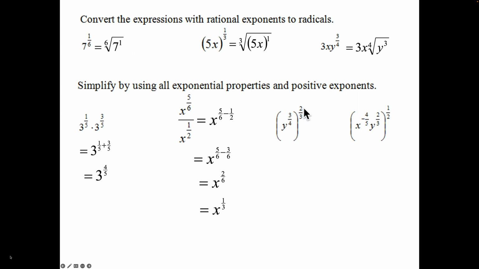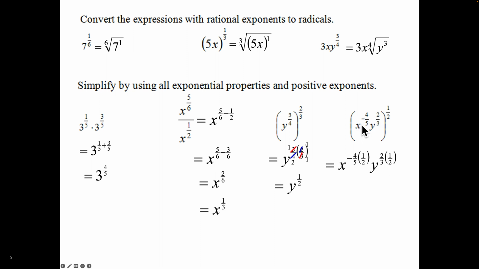y to the 3/4 to the 2/3 power, a power to a power. Multiply your exponents. Well, 3 goes in, can cancel. Excuse me, 2 can go into 4 twice. y to the 1/2. Here we have x to the negative 4/5, y to the 2/3, all to the 1/2. You can do it in any order. If you want to take this 1/2 and multiply it to the inside right away, so be it.